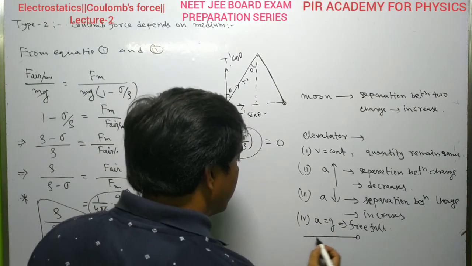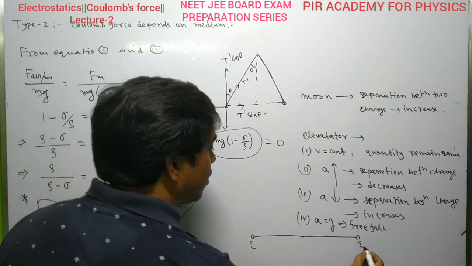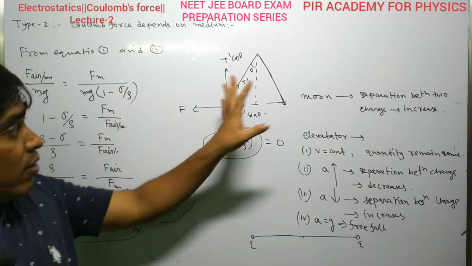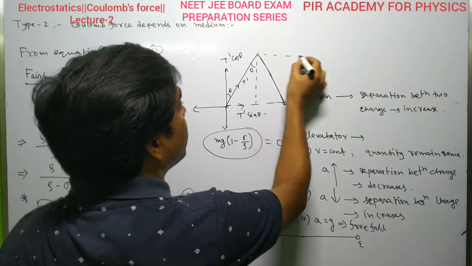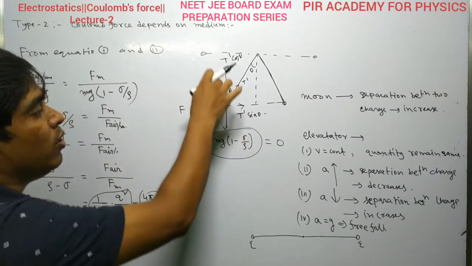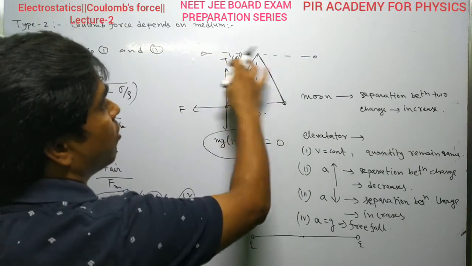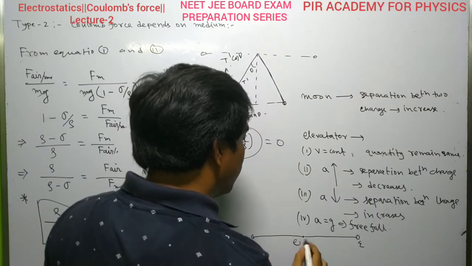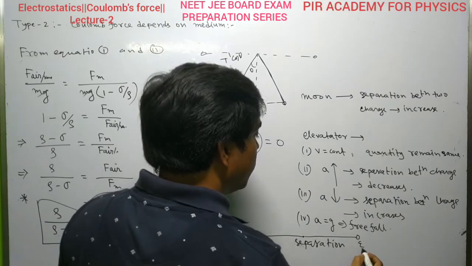In this condition, the two charges will be at the maximum distance, because there is no force along this direction, so the system will settle in this condition. That means the separation will be maximum between the two charges.